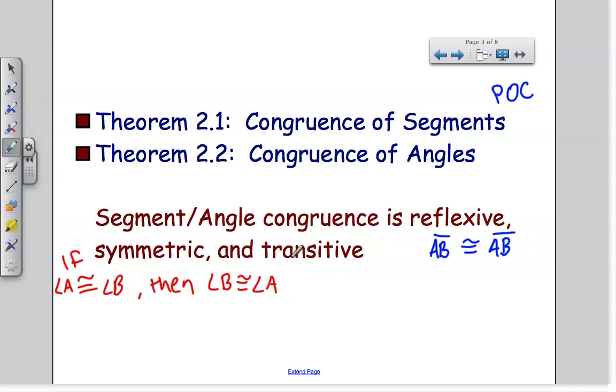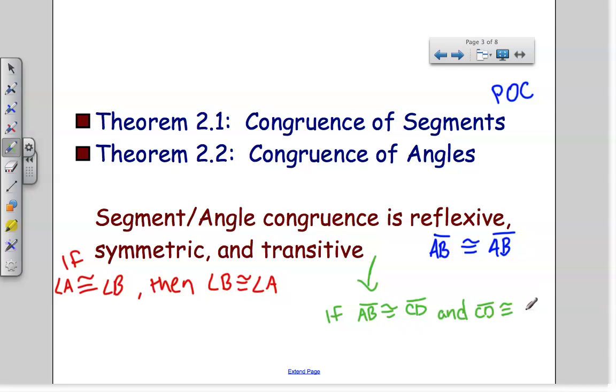And finally, the transitive property of congruence could be, again, with segments or angles. Both of these work for either. So for the transitive property, let's do it with segments. Let's say we know segment AB is congruent to segment CD, and I also know segment CD is congruent to segment EF. Remember, with the transitive property you think train or chain rule.